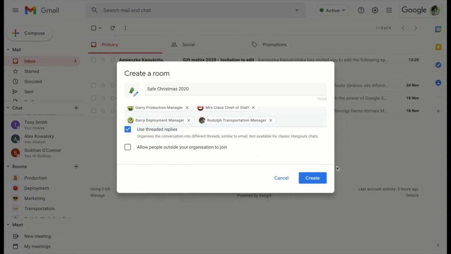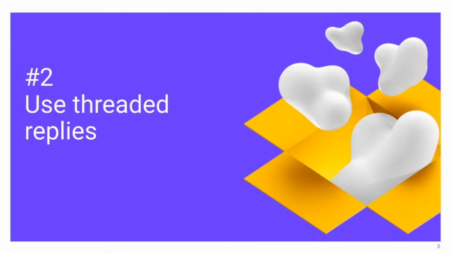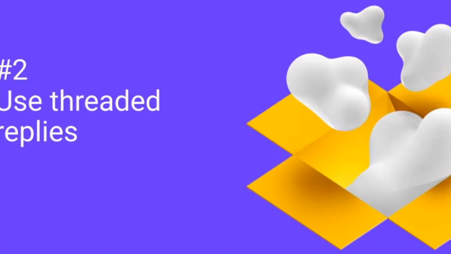I'm going to choose the option Use Threaded Replies here, which brings me to my tip number 2. When the conversation in a chat room keeps going for a while, the best practice is to start a new thread each time you start a new topic. It has plenty of benefits. It keeps your chat room conversation well organized.